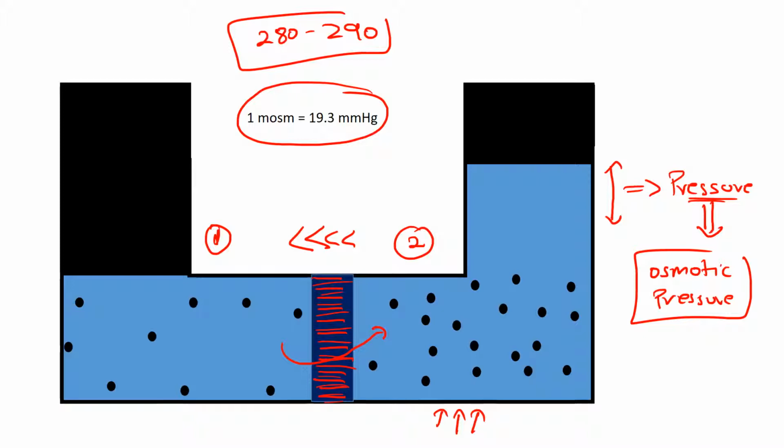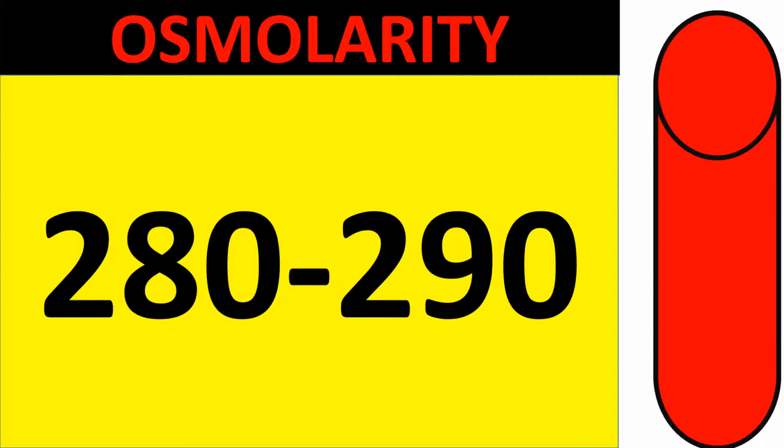So if 1 milliosmole is 19.3, then 280 to 290 milliosmoles will produce a pressure of about 5597 millimeter of mercury. So this is the osmotic pressure exerted by the blood. Now the first thing to know is that the osmolarity of the blood is 280 to 290, but 290 is the better answer. The 290 is the specific answer.